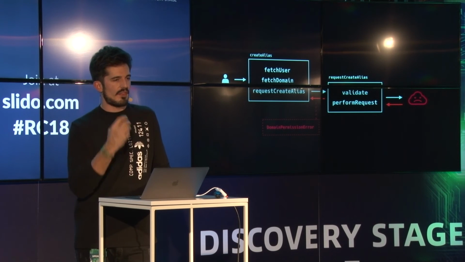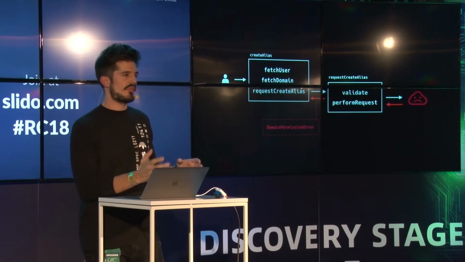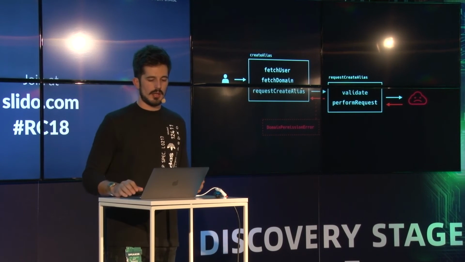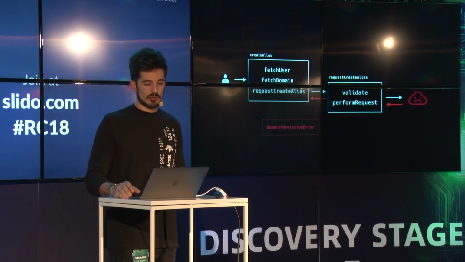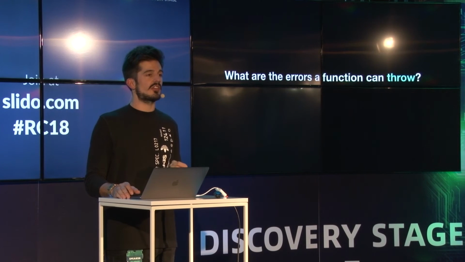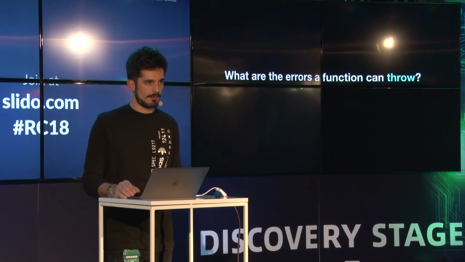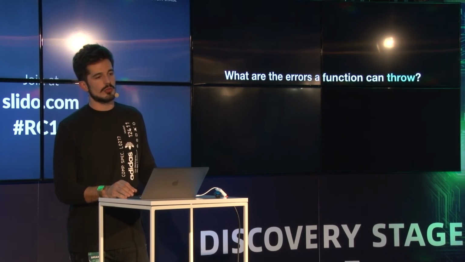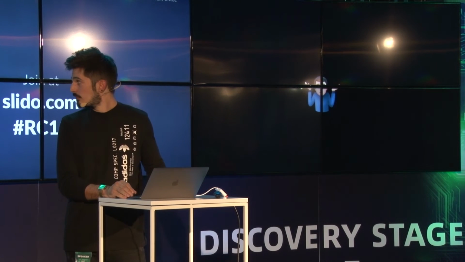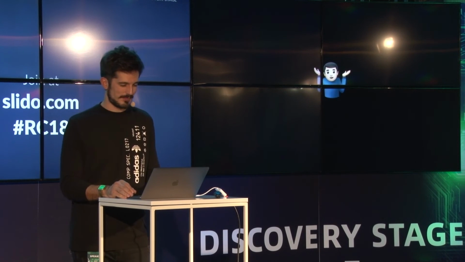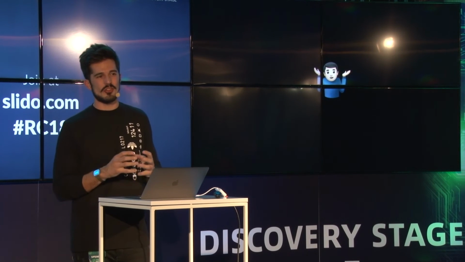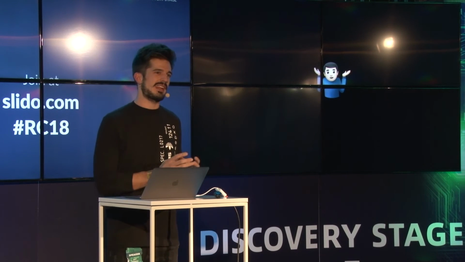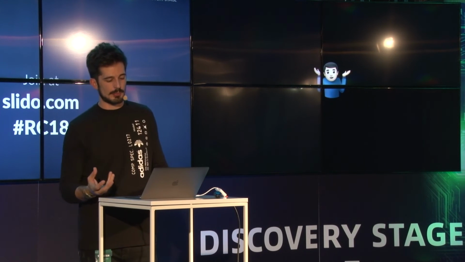So when that happens, you have to update every consumer. And the question that you have to ask yourself in this case is, what are the errors that a function can throw? And the response to that question is that we don't know. We don't know because there is no distinction between what is an expected error and an unexpected error.